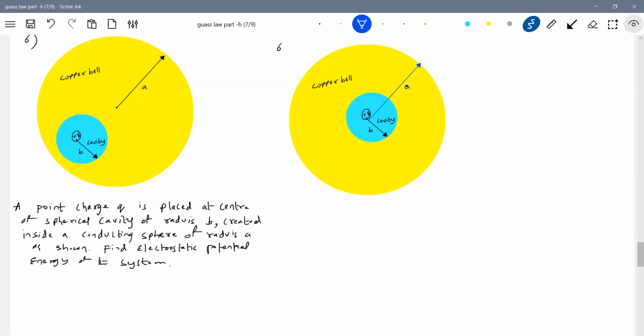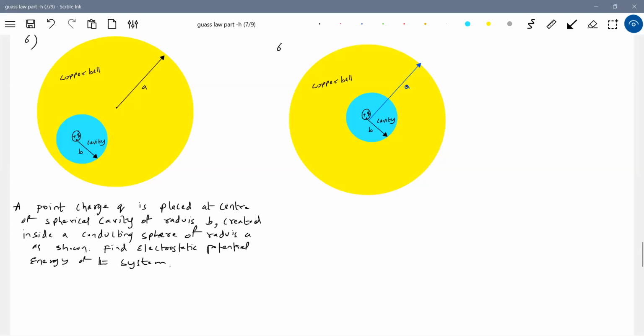Okay, now let's come to this. And how can we justify such things? It is kept at the center of the cavity, so uniform charge distribution minus Q, and here plus Q will come on the outer surface. So the charge distribution now also. Now what is the advantage? We know this point charge, whether you keep it at the center of the cavity or not, the charge distribution on the outer surface is independent of the position of the charge inside the cavity.